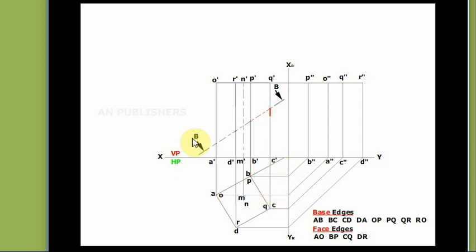In the same way, if you take this point, it is on AO. So this point should be extended to the respective AO line or the point in the top view. So AO is a point here. So from here to here you have to project it. Everywhere it is the same way.